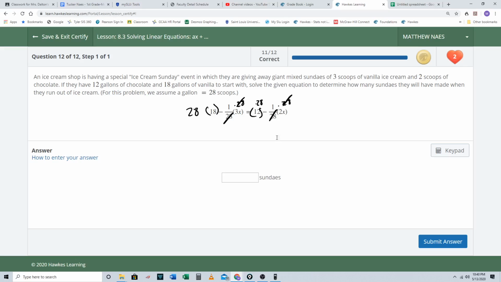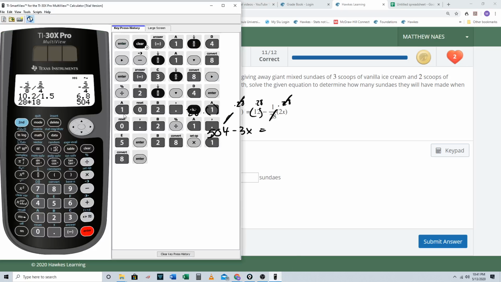All right, so we have 504. That times 28, 504. That cancels, so minus 3x. 12 times 28, which would be 336.